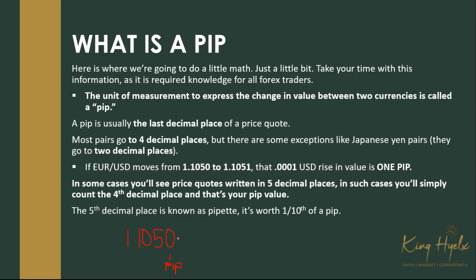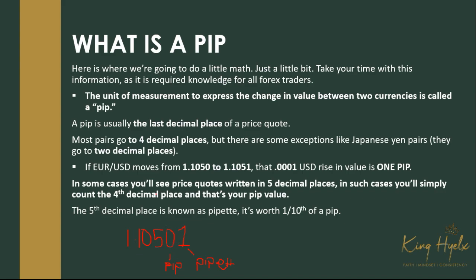And let's see, there was now 1 here. This is known as a pipette. It's what? 1/10 of a pip. But remember, our unit of measurement is still the pip. So now, why do we say it's what? 1/10 of a pip? Because this will have to change 10 times before. Okay, let's see.